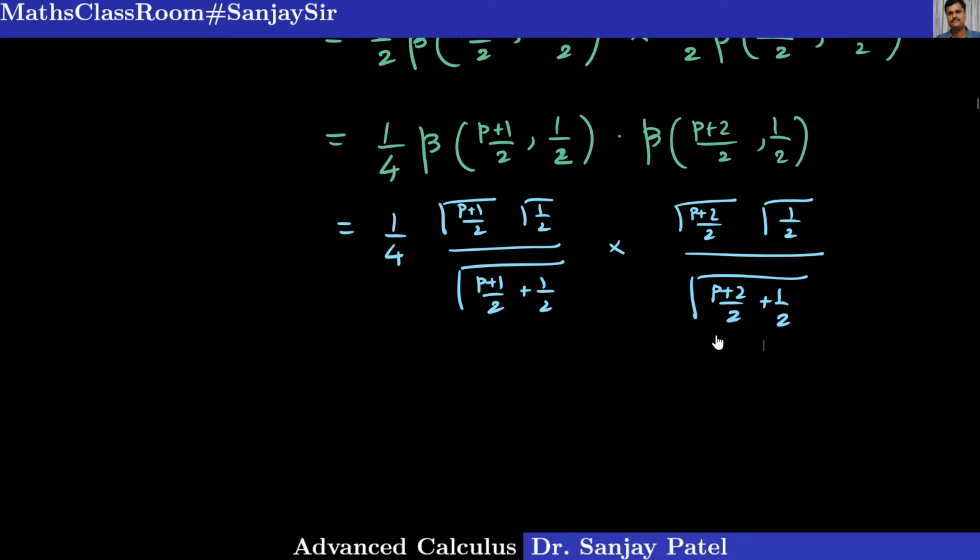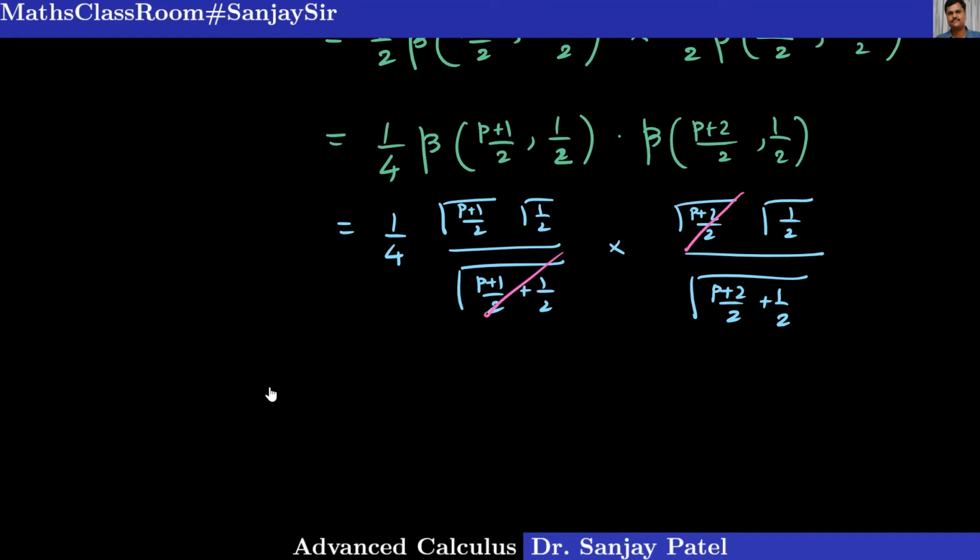So let us simplify this. What we can do here is, this term is p plus 2 by 2, so I can cancel this value with this, because both are the same terms. If you simplify it, it is p plus 2 by 2, so this will be cancelled.